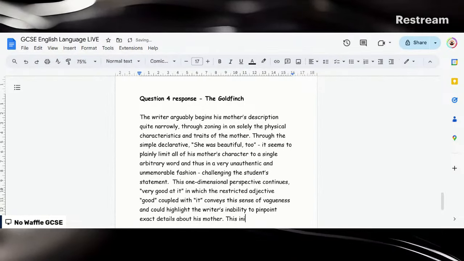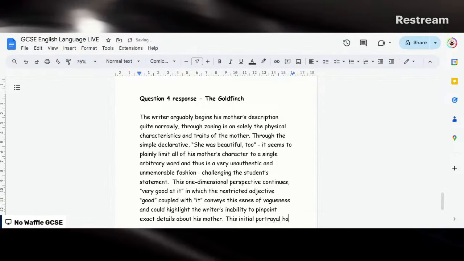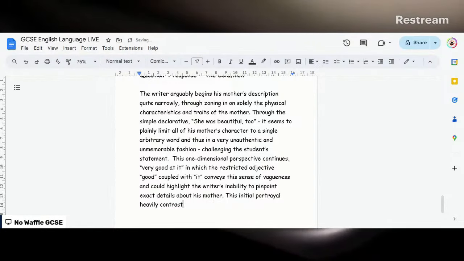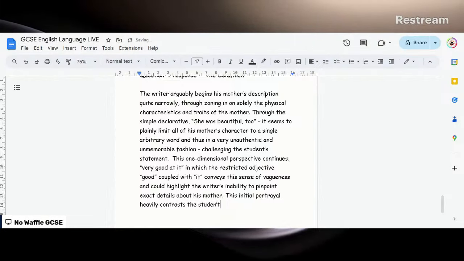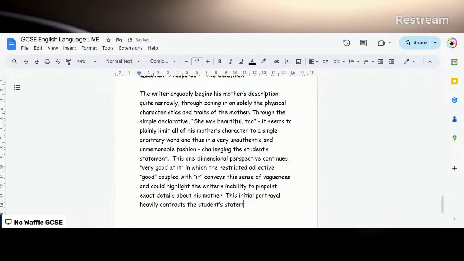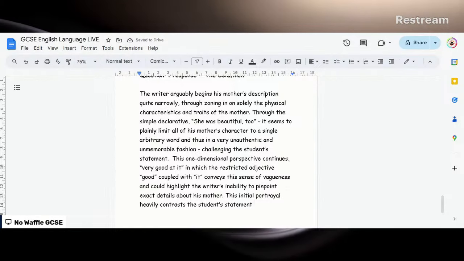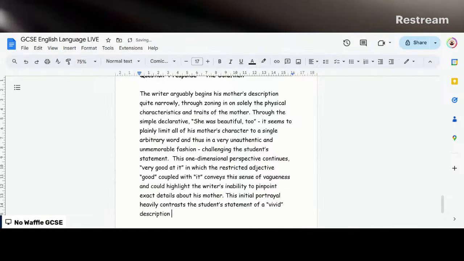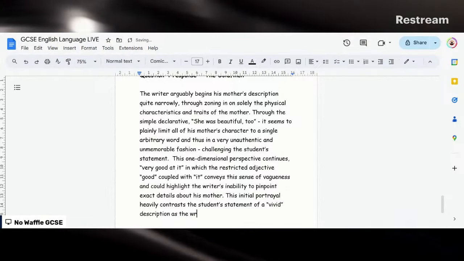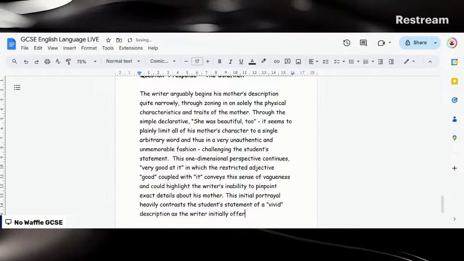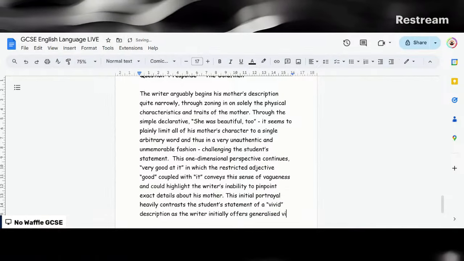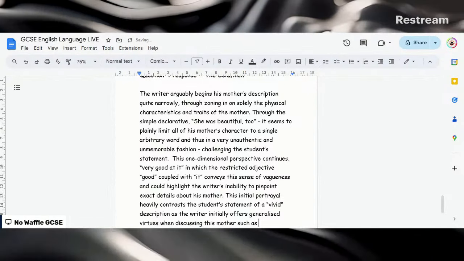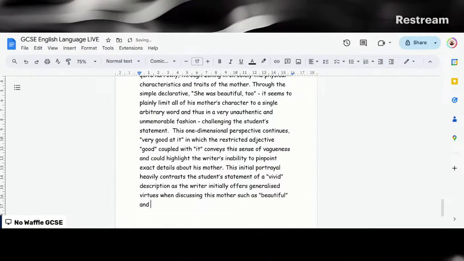Okay, so you can then just finish with this initial portrayal heavily contrasts the student's statement of a vivid description, as the writer initially offers generalized virtues when discussing his mother, such as beautiful and very good.